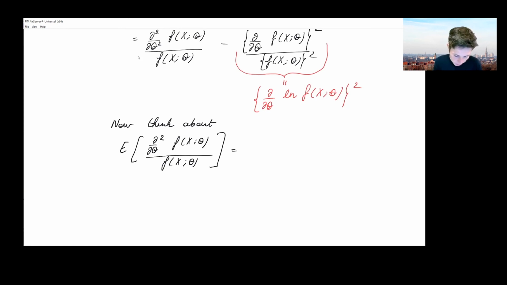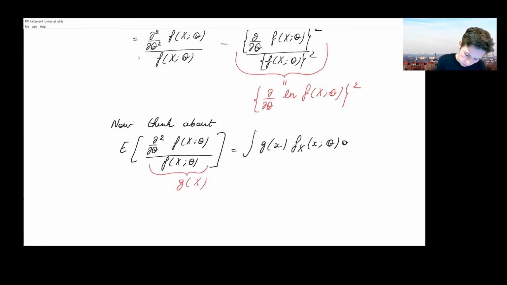So what you see here is the same principle as always. This is a function g of a random variable x. And if we need to calculate its expected value, what we're going to do is say g evaluated in x multiplied with the density of x dx, right? That's what I'm going to do in general.